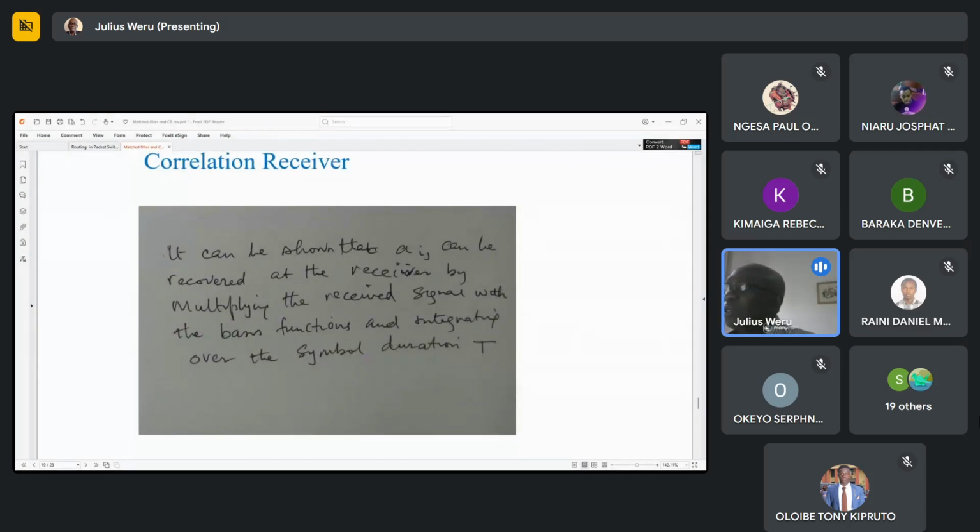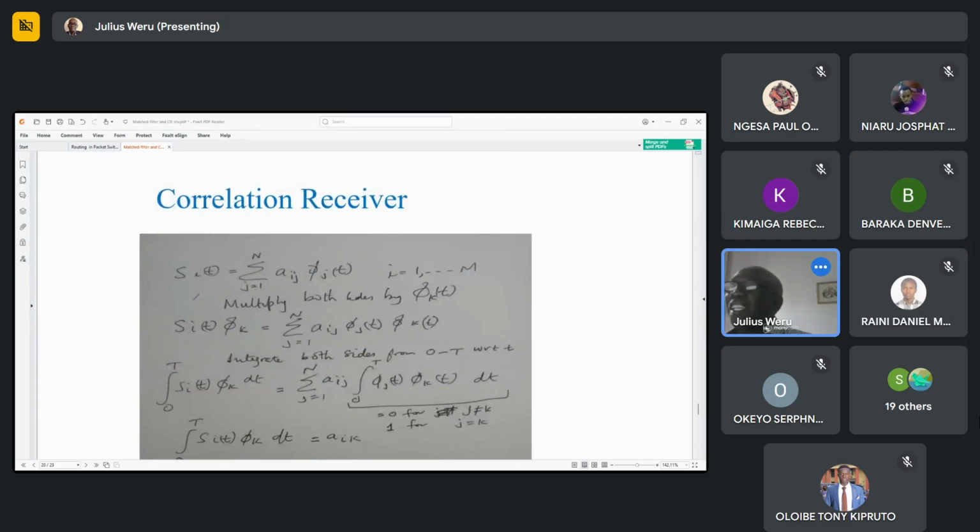It can be shown that a_ij can be recovered at the receiver by multiplying the received signal with the basis functions and integrating over the symbol duration T, and that's what we are going to do there.